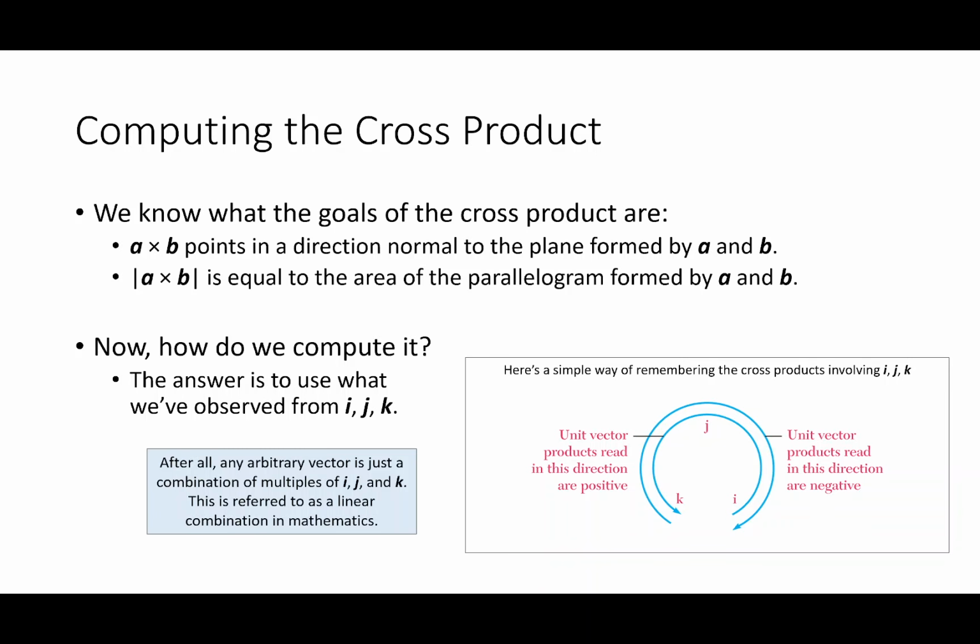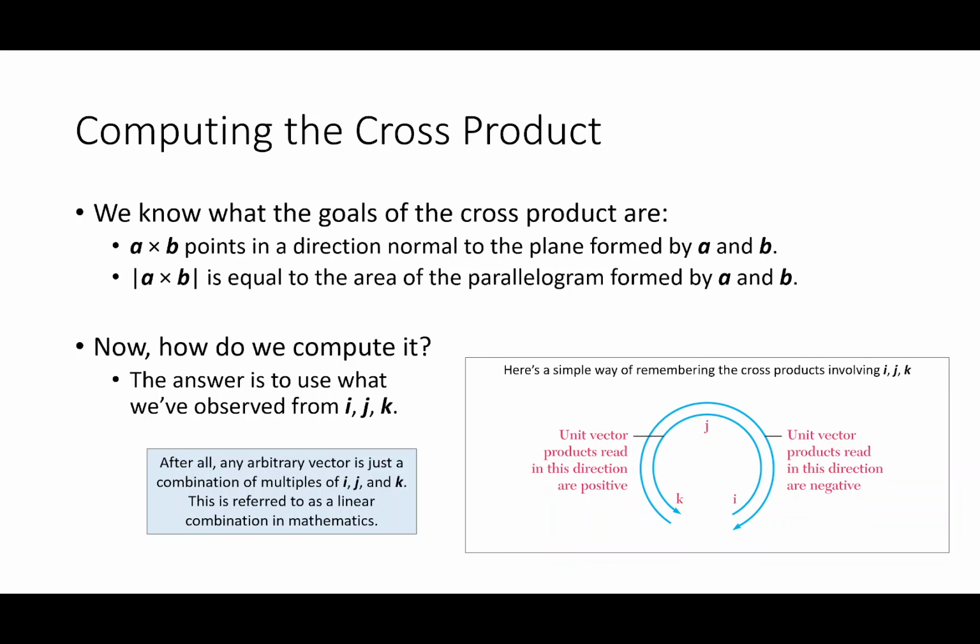Okay? So now, let's see if we can also make things a little easier. What is I cross J? This is K, right? What is J cross I going to be? Negative K. Okay.